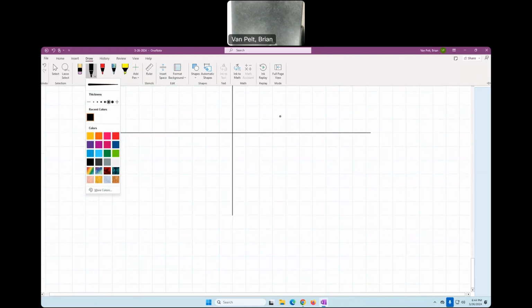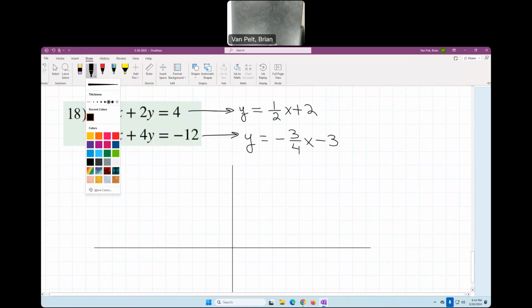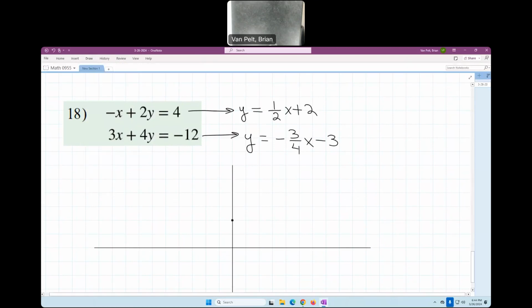All right, let's start with the first one. In this first line here, where should I put my initial dot? Right here, 0, 2, right? Now, how should I move it from there? Go over one, over to two, to the right.